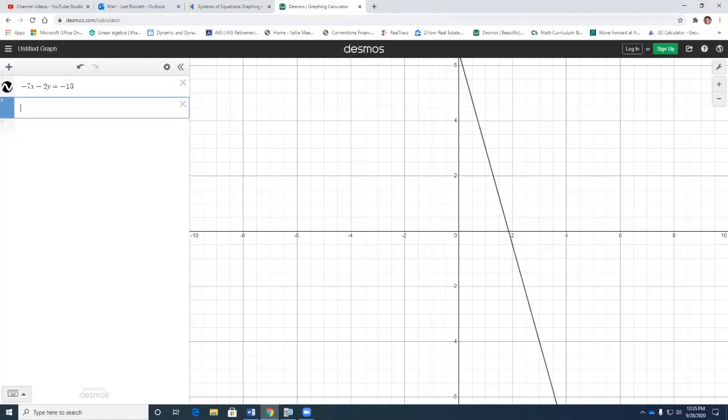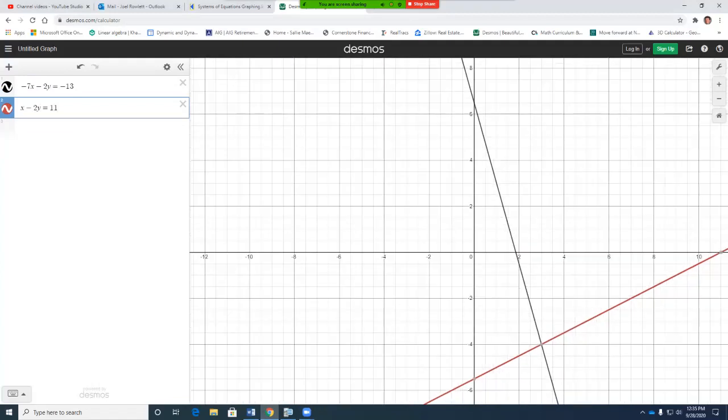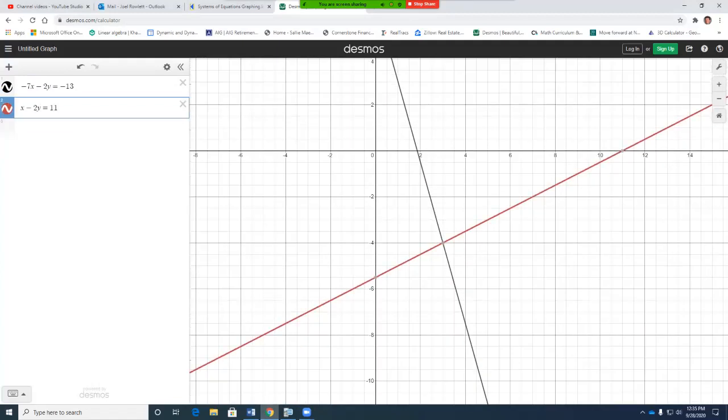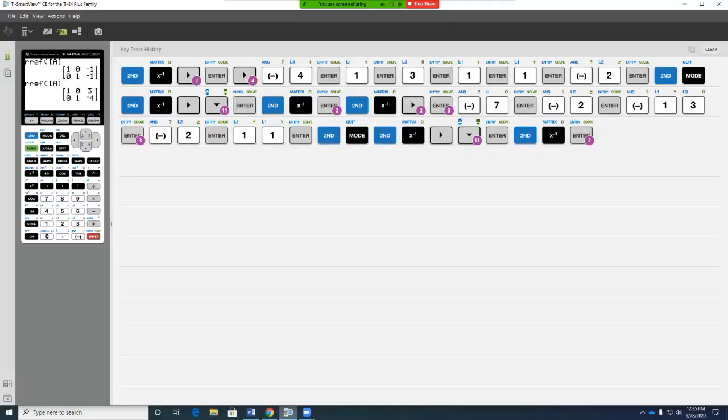And then the second equation said x minus 2y is equal to 11. And as we can see, the two lines intersect at the point 3, -4. And if I go back to the calculator, we can see that we got 3, -4 there as well.